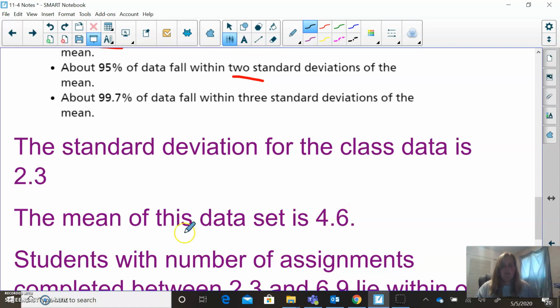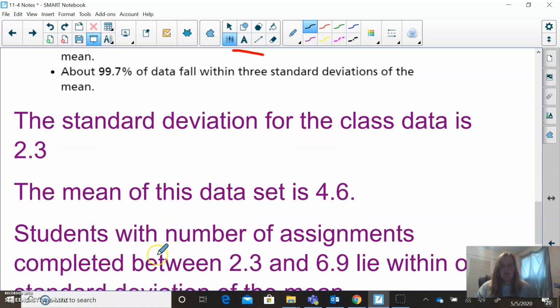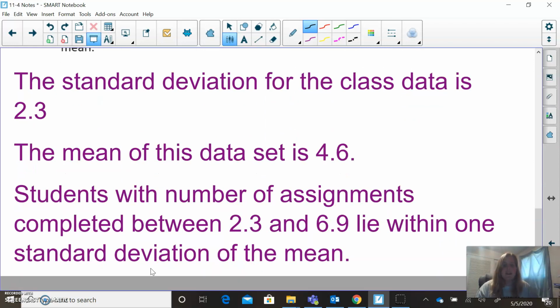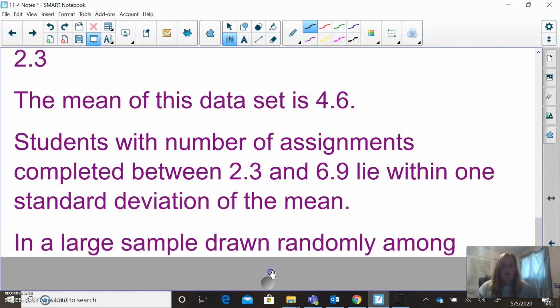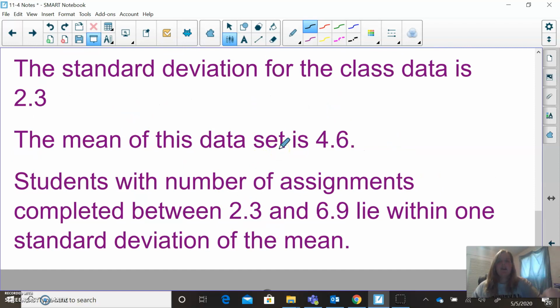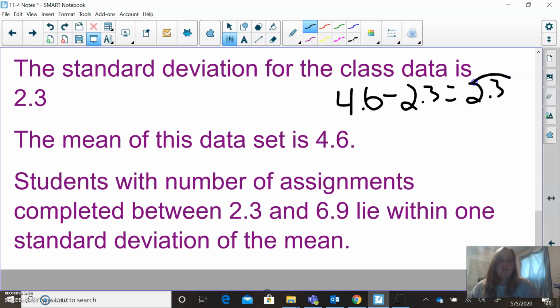Students with number of assignments completed between 2.3 and 6.9 lie within 1 standard deviation of the mean. So to calculate this, we're going to take 4.6 and subtract the standard deviation, and that gives you the 2.3.